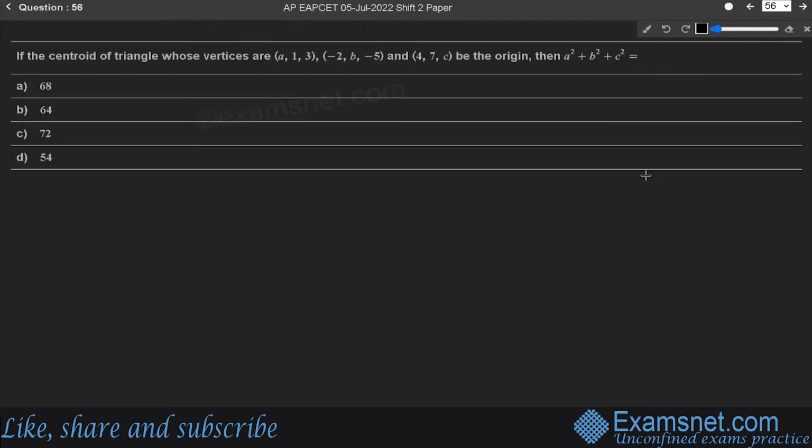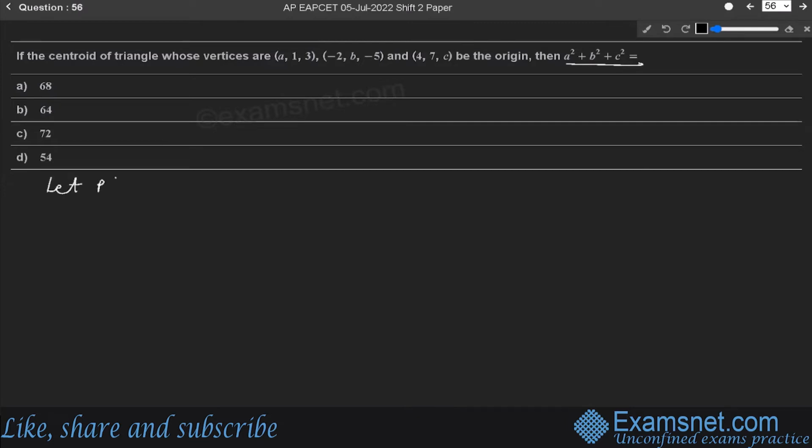Next question is, if the centroid of the triangle whose vertices are A, 1 and 3, minus 2, B and minus 5, and 4, 7 and C be the origin, then A square plus B square plus C square is equal to. We have to find the value for A square plus B square plus C square.